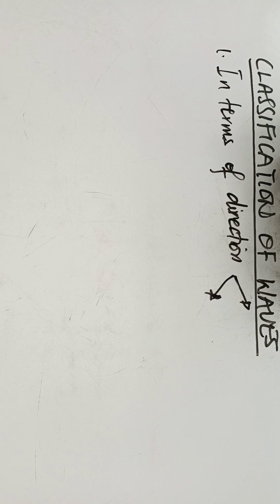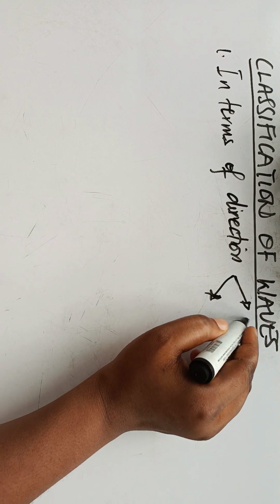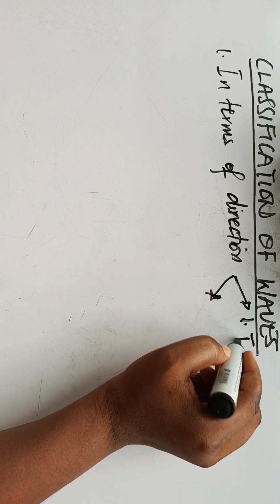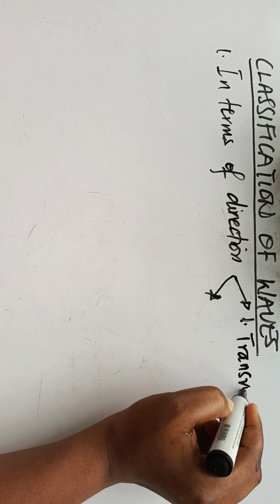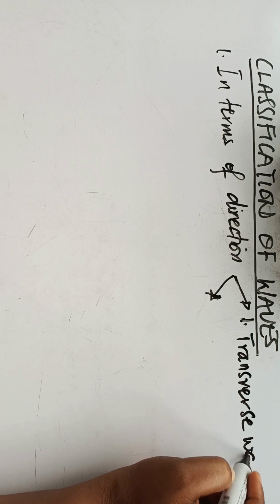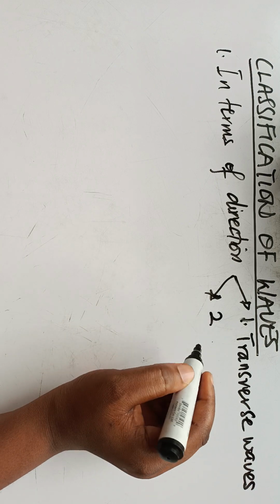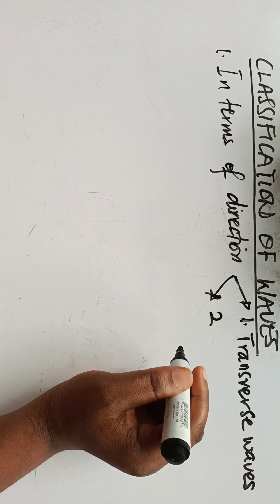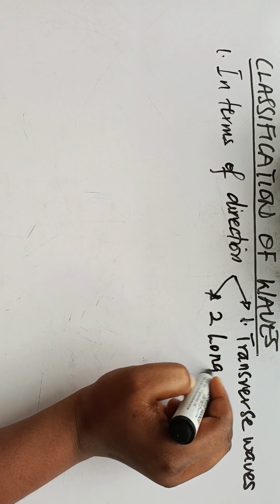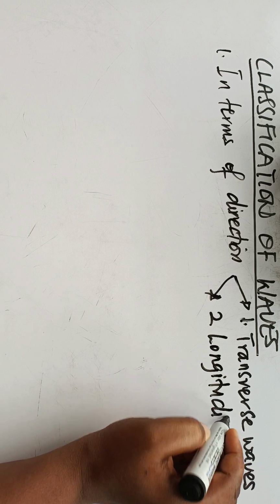this categorization of waves on this basis can lead to two notable types. So, in terms of classifying waves by their direction of movement, these waves can be classified into two: one, transverse waves, and two, longitudinal waves.